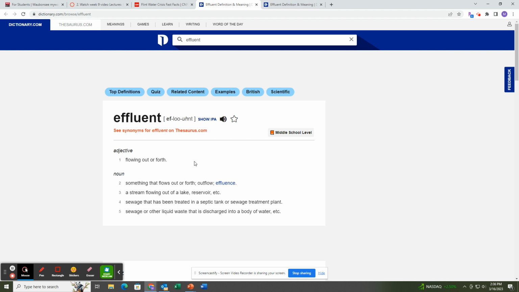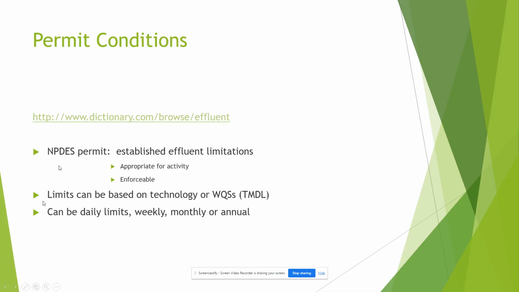If you have a wastewater pipe flowing out of your house, that is effluent. A stream flowing out of a lake, or treated sewage flowing into anything else, that is effluent. Okay. So, the permit establishes your effluent limitations, right?